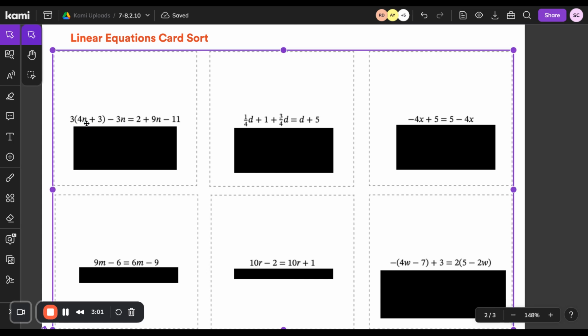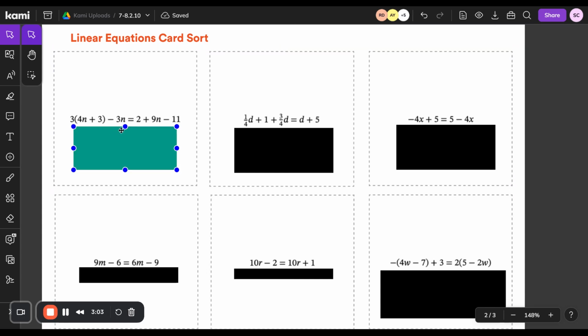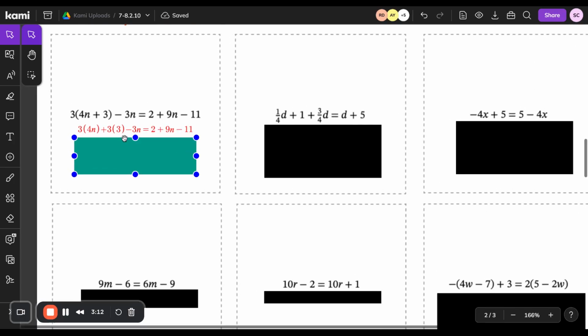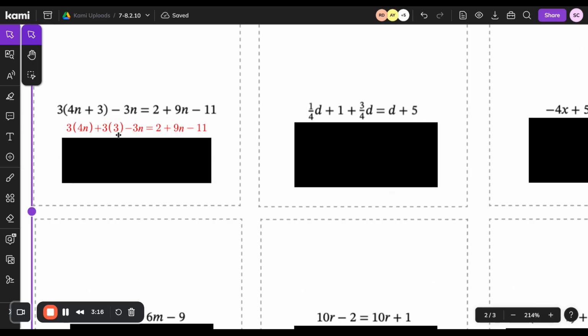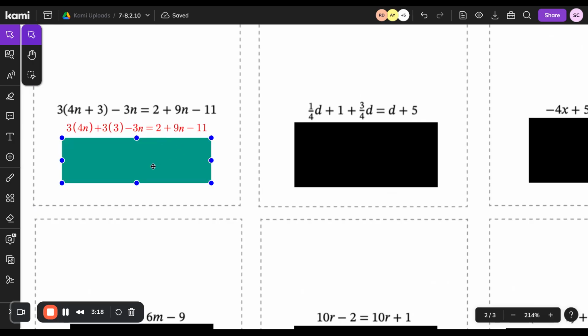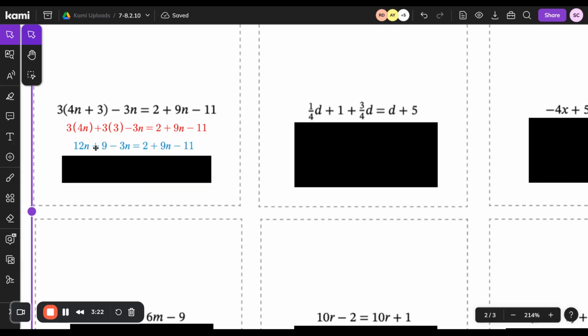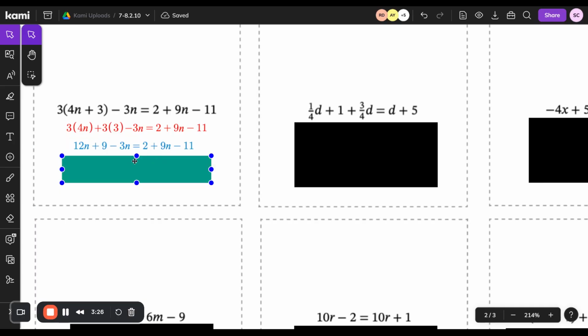So for this one, we have 3 times 4n plus 3 minus 3n is equal to 2 plus 9n minus 11. And for our first part of this one, this is what it looks like when we use our distributive property. So we have our 3 times 4n, all of this going across. And as we are solving, we now have 12n plus 9 minus 3n, everything going across.